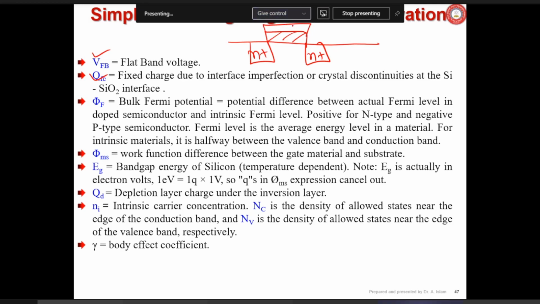Here is the gate, poly. Can you tell me where this interface is? Sir, just below the SiO2 layer. Yes, this is the interface. So at the bottom, you have the silicon, P-type.